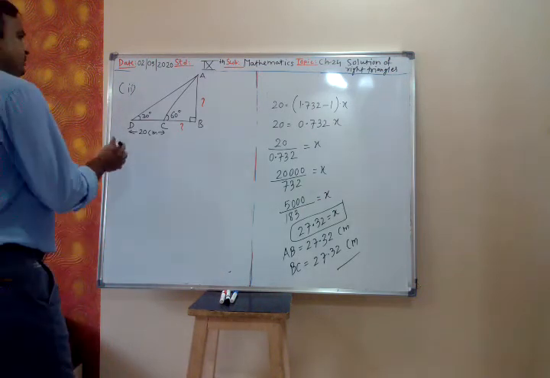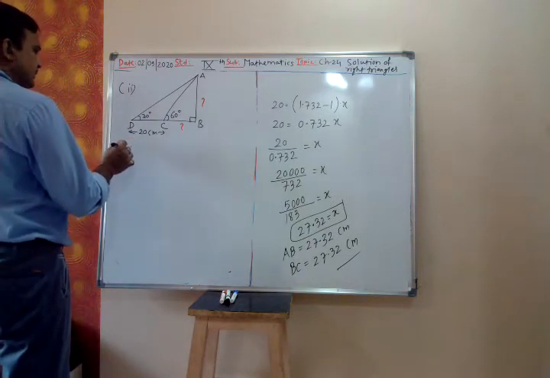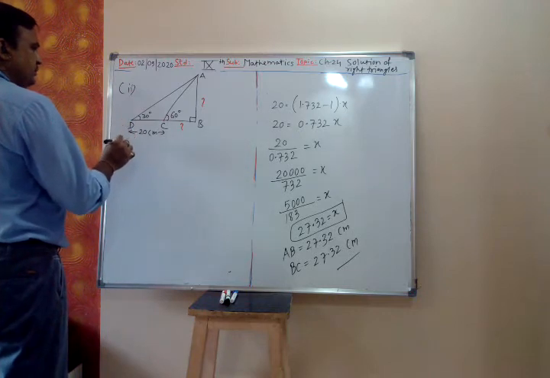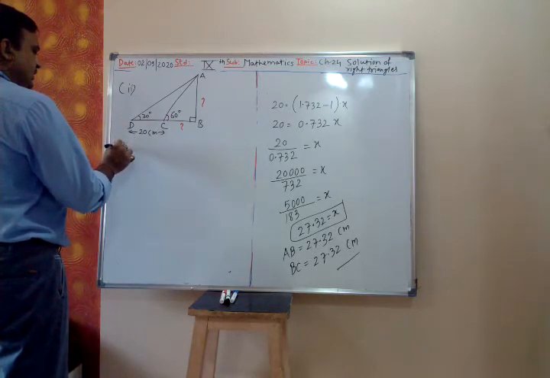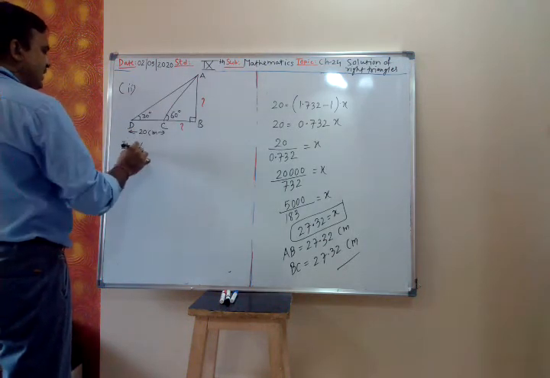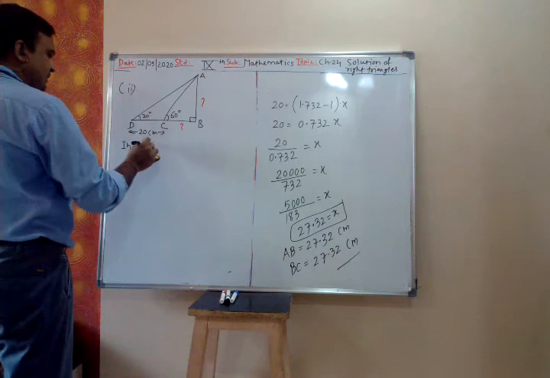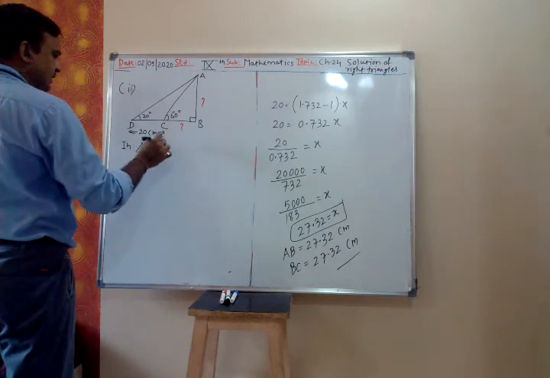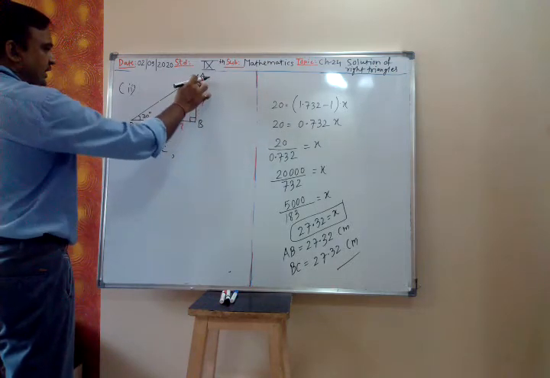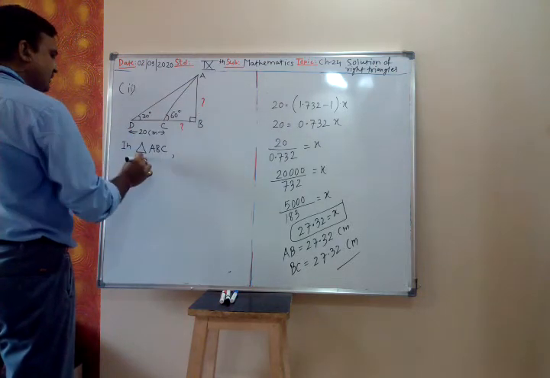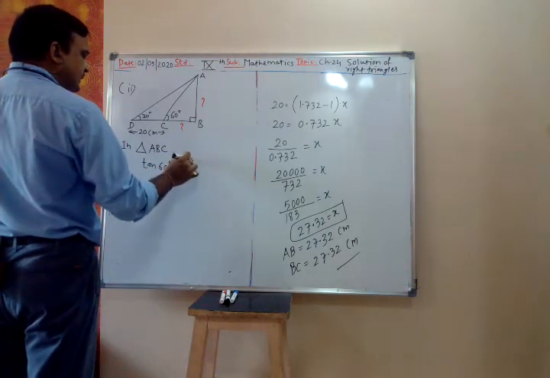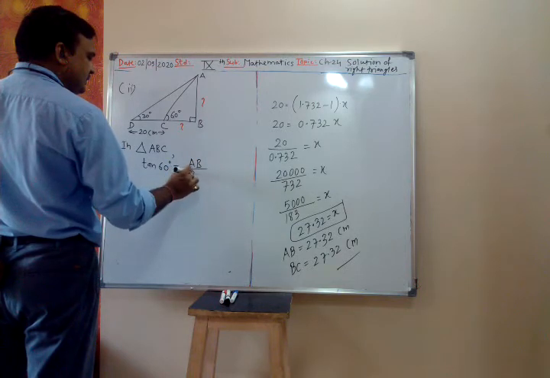So now let us consider. In this triangle, same thing we proceed. First we consider the smaller triangle, triangle ABC. Now we want to find AB and BC, so I will consider tan 60. Tan 60 is opposite AB upon adjacent BC.